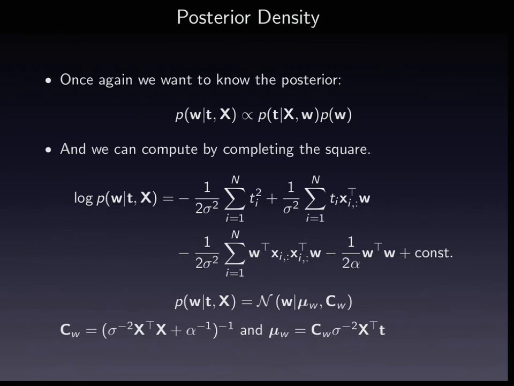So let's just keep writing it as the covariance and just say that the mean is equal to the covariance times, what have I got there? Sigma to the minus 2, sum of t_i x_i, i equals 1 to n. So that's the mean, and that's Bayesian inference.